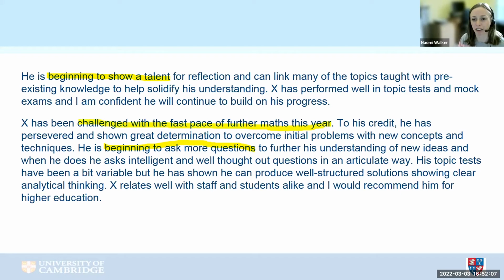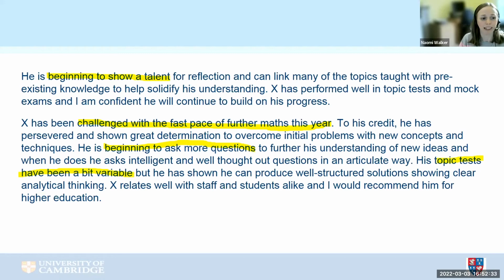If we read this reference, especially if they're applying for any sort of STEM subject, seeing that they've been challenged by the fast pace of further maths, we're definitely going to have some alarm bells ringing about whether they're going to cope with the maths content of any STEM course at Cambridge. Topic tests have been a bit variable. So here, again, it's telling us that they're not really the caliber that we're looking for.